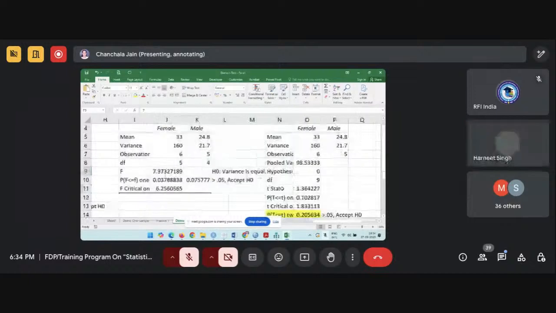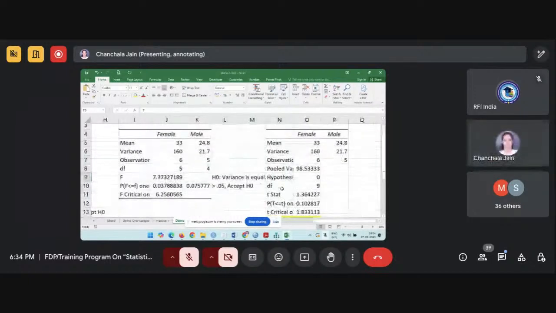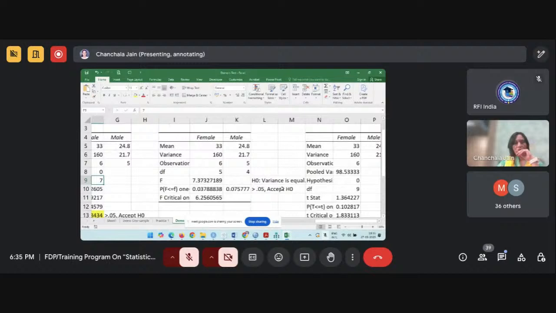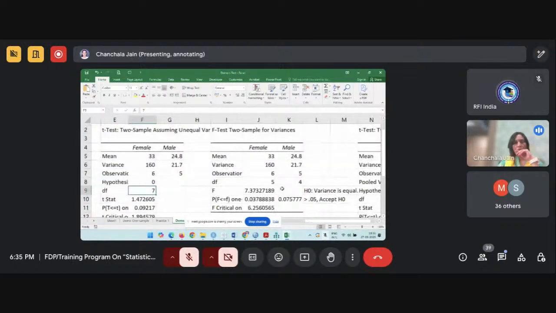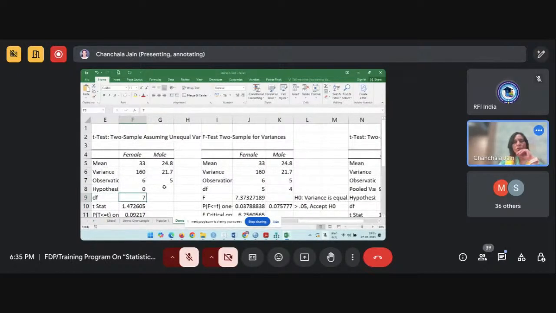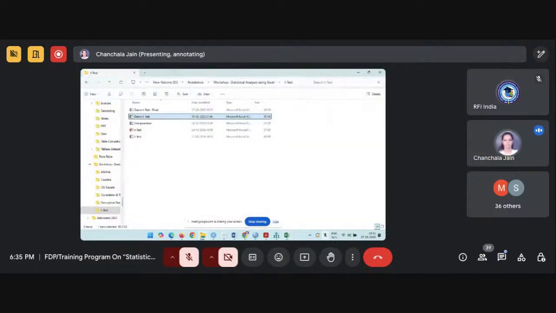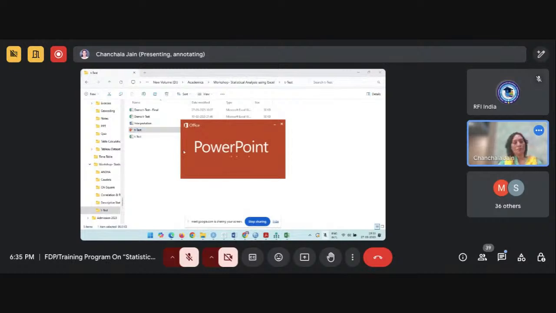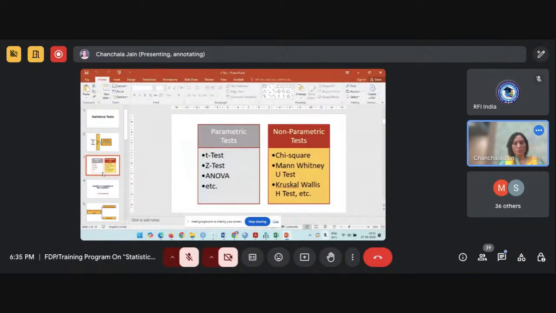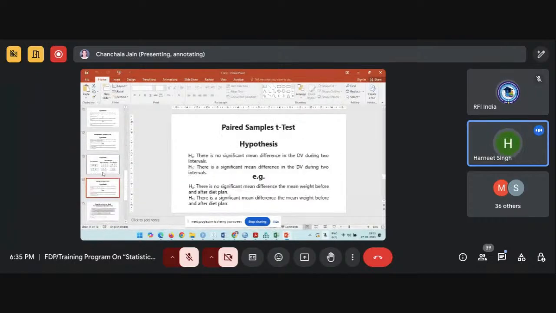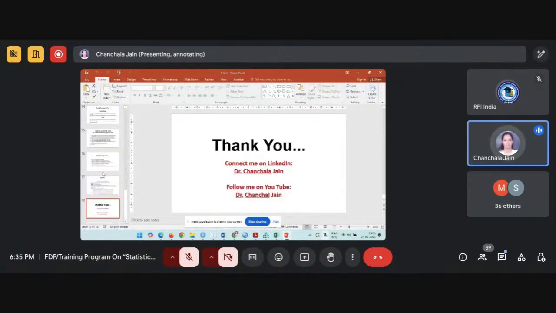Ma'am, for two samples, it may be n minus 2, because we have 6 minus 2, 4 for female, and for male, 5 minus 2, 3. No, it is not that formula for two samples. The formula is very big. I think I have it in some of my PPT somewhere. I need to find it. You can share it later in the group. I have written it somewhere in some of my slides.